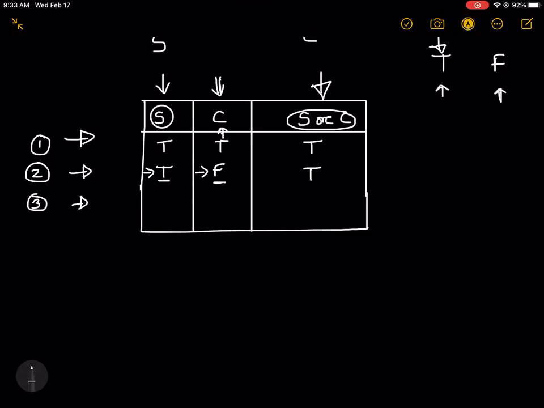Let's say Jordan has bought a couch which doesn't have a sectional. That means we'll have an F under it, but it does have a chaise. Now, what does it mean? Does it satisfy my requirement of having at least one of these two?